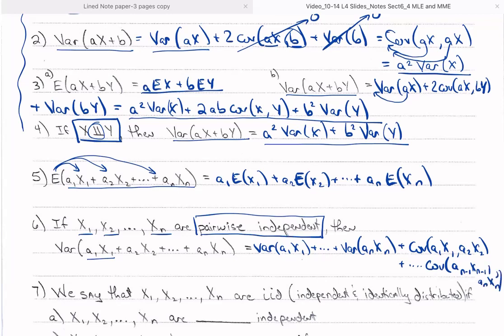All these covariances go to 0 because the random variables are pairwise independent.